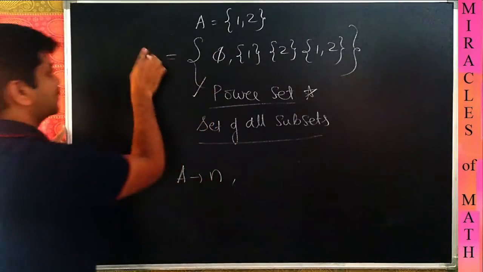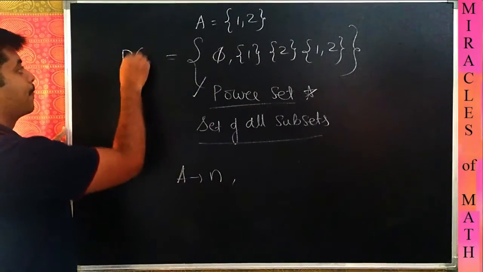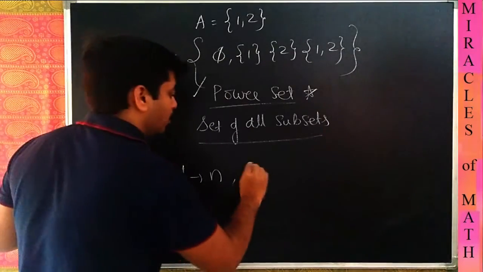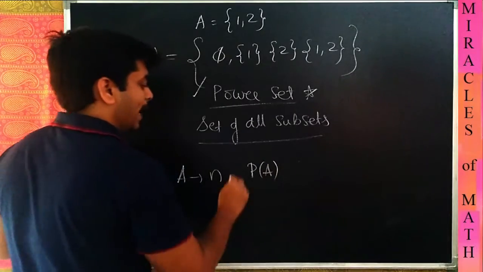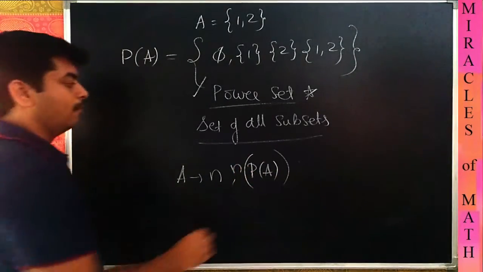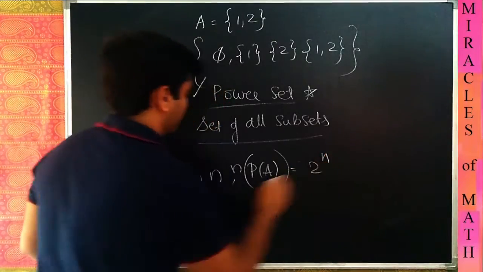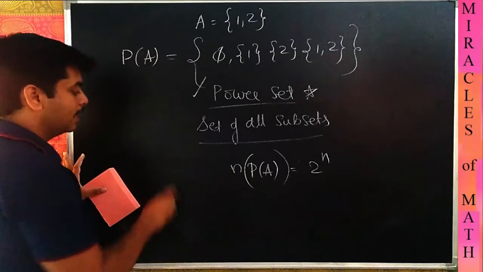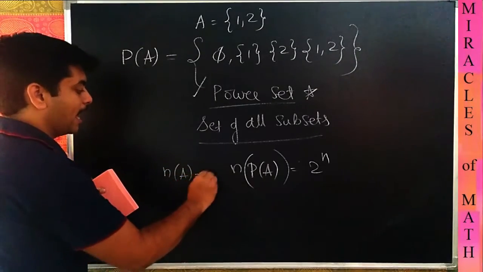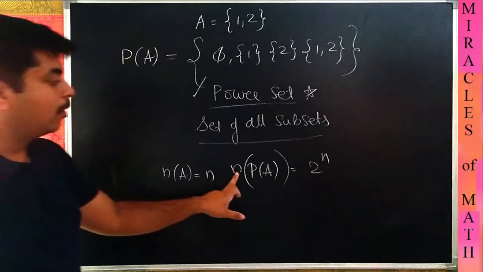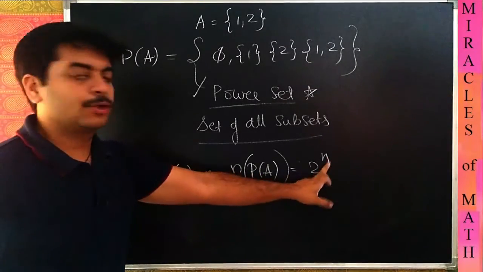The power set is represented with P of A. So n of P of A, that means the number of elements in the power set of A, will be 2 power n. If the set A has n elements, the number of elements in its power set is 2 power n.